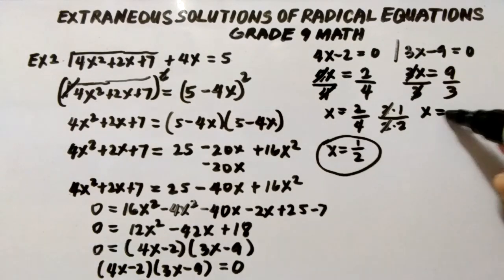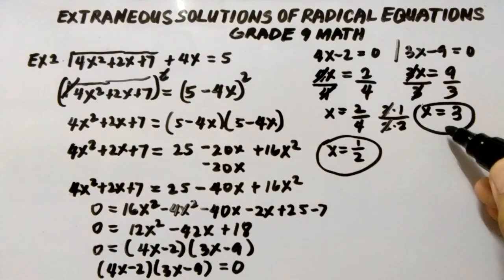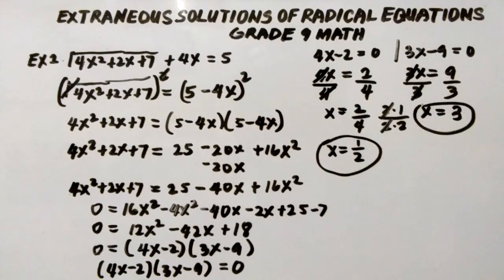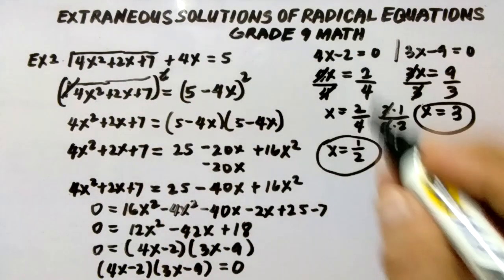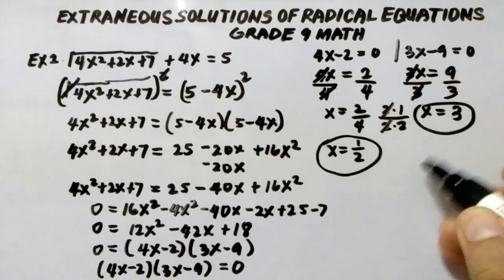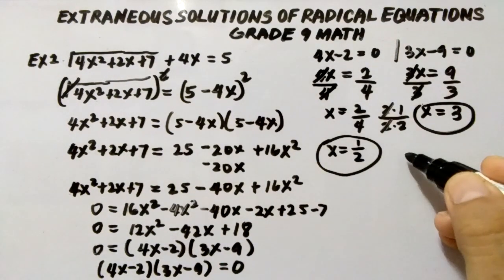So, x is equals to 9 divided by 3. That is 3. Okay. So, we have the second value of x is equals to 3. Then, i-check po natin sa ating original equation kung ano po dito sa dalawang value ng x ang extraneous solution.